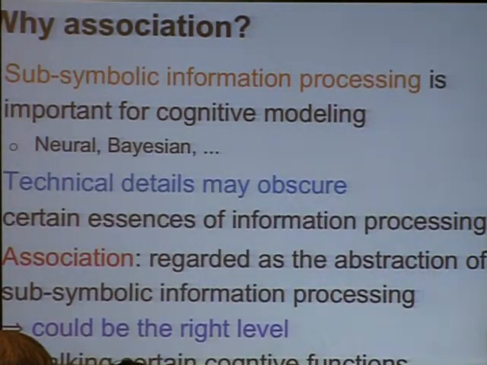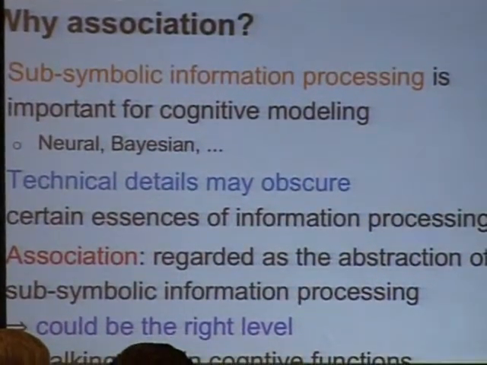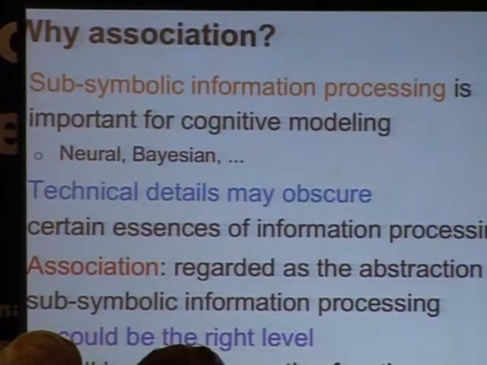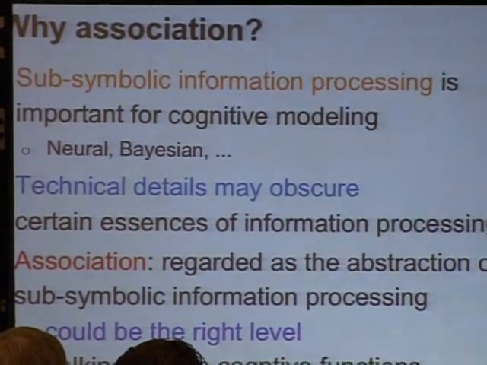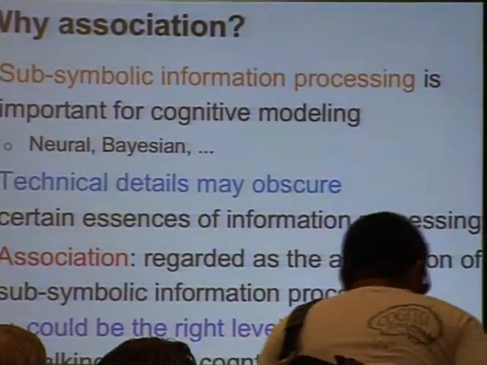Now let me explain why I'm talking of association. First, as a background, subsymbolic information processing such as neural or Bayesian models is important for cognitive modeling. I'll tell you the reason in the next slide.